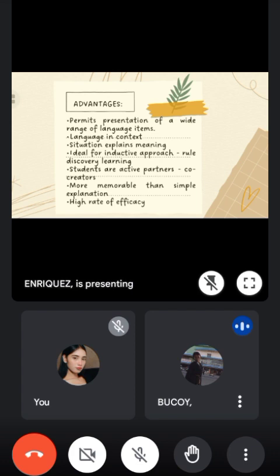Moreover, the situation, if well chosen, is likely to be more memorable than a simple explanation. Lastly, the high rate of efficacy. The word efficacy means the effectiveness. The effectiveness of a strategy that is being used by the teacher, and that is the giving of situation.